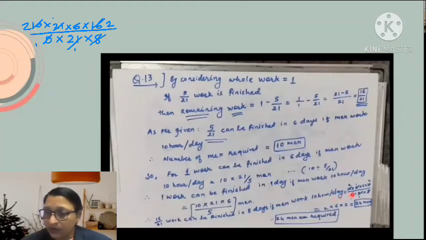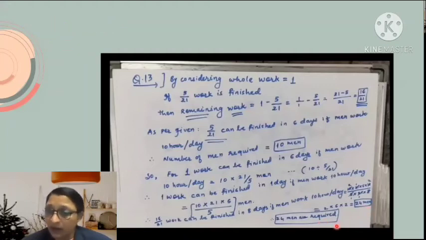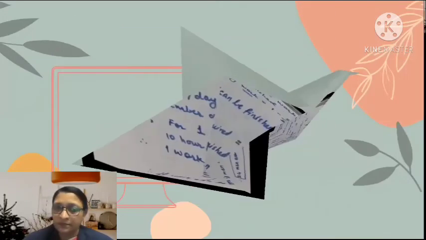So here 5 ones are 5, 5 twos are 10. 21 ones are 21, 21 ones are 21. 8 ones are 8, 8 twos are 16. So we get here 2 into 6 into 2, that is 24 men. So 24 men are required. Let us turn to the homework from this exercise.